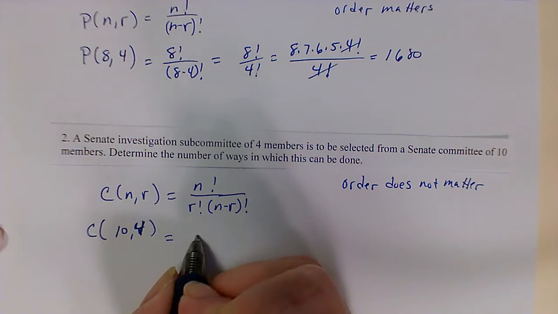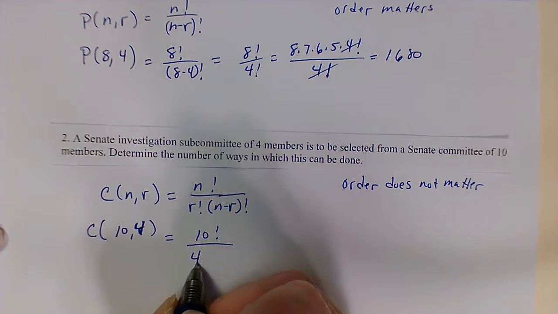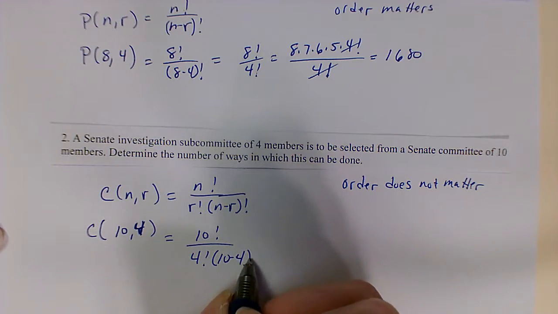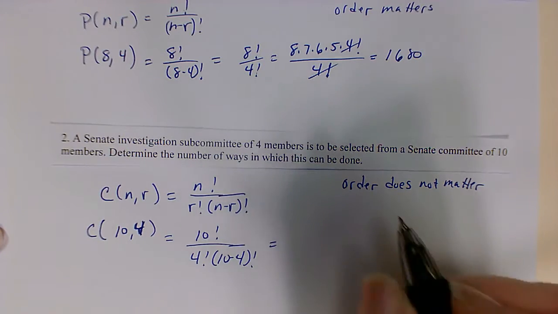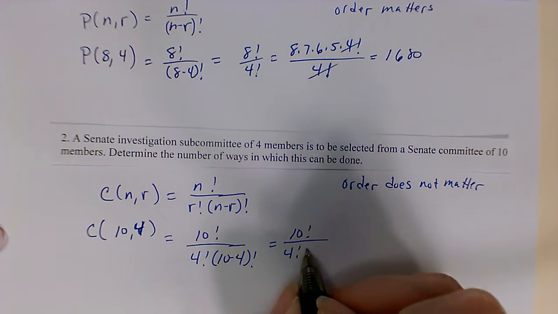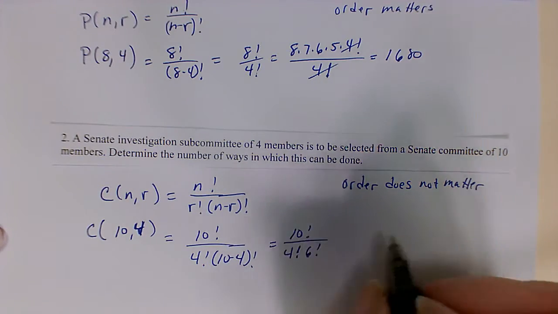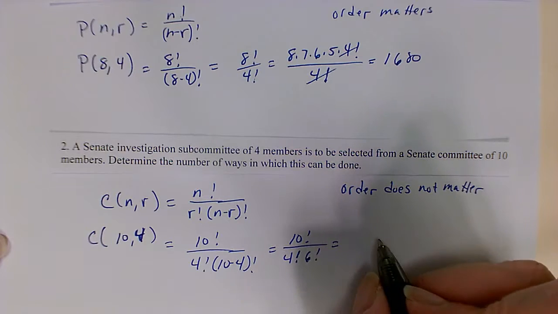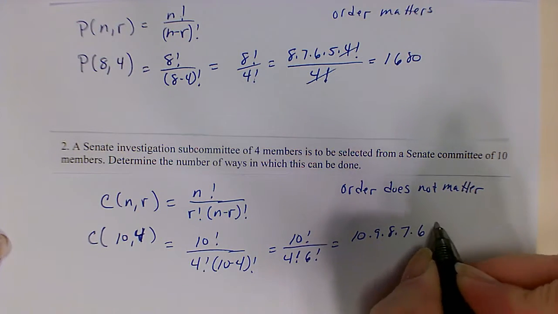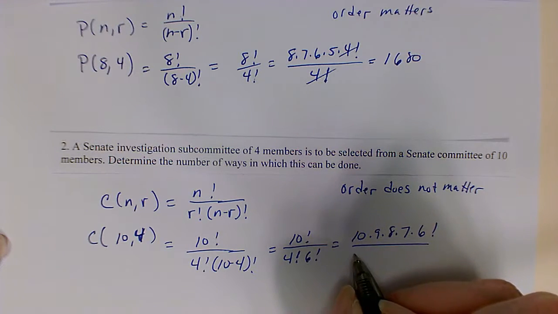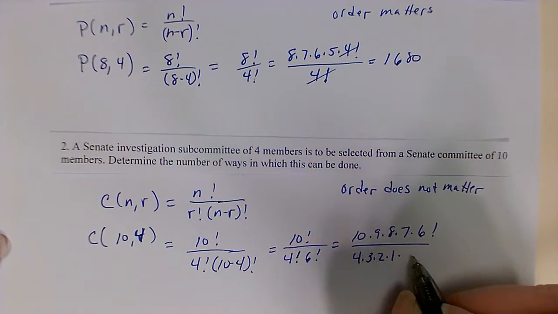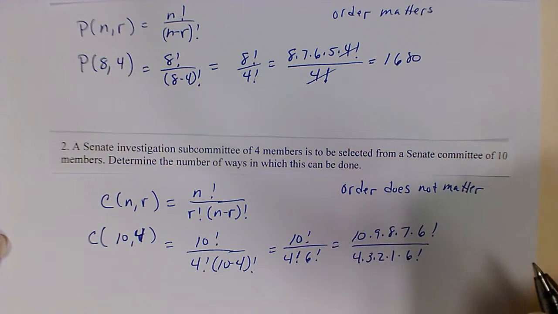So this is going to be 10 factorial over 4 factorial times 10 minus 4 factorial, which will equal 10 factorial over 4 factorial times 6 factorial. Now we're going to have 10 times 9 times 8 times 7 times 6 factorial over 4 times 3 times 2 times 1, that's what factorials are, times our 6 factorial.